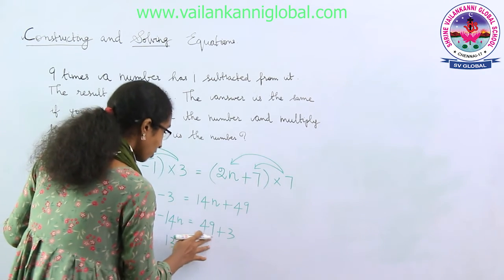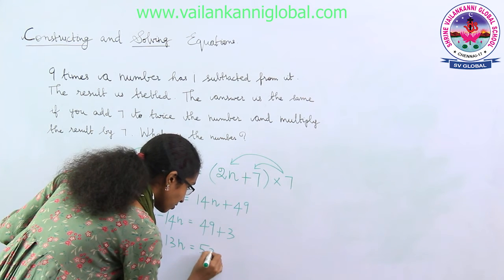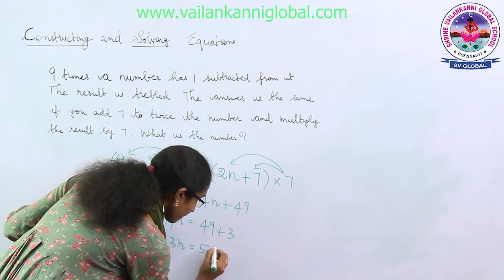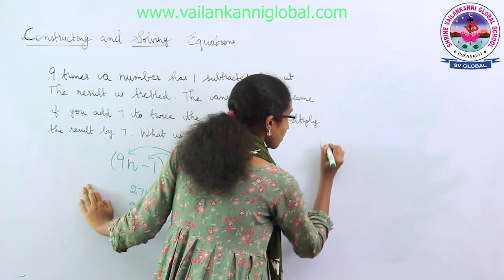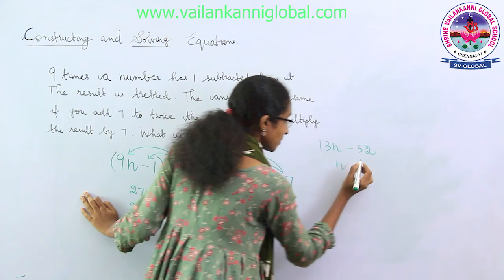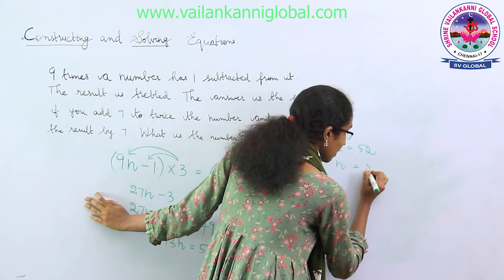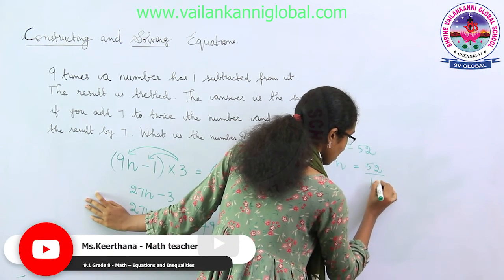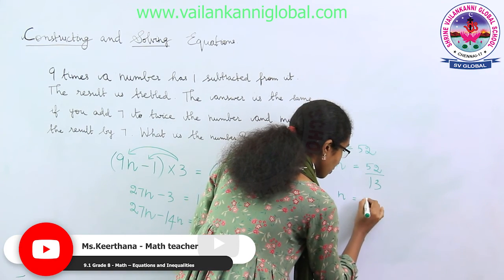That is equal to 49 plus 3 gives 52. So 13n equal to 52. We keep the n term on the left side and bring 13, which is in multiplication, to the other side, hence becomes division. So 52 divided by 13, the n term equal to 4.